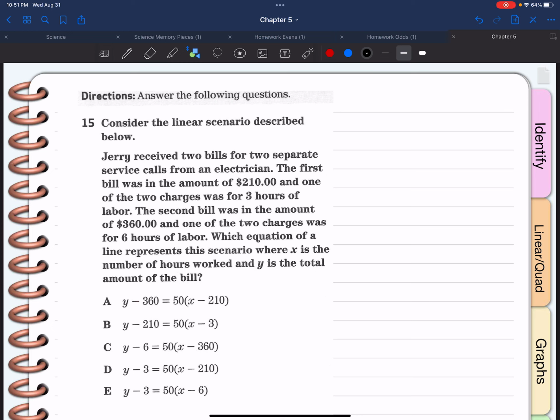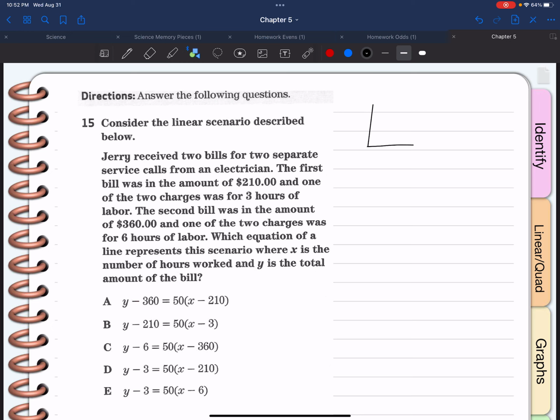The second bill was in the amount of $360, and one of the two charges was for 6 hours of labor. Which equation of a line represents this scenario where x is the number of hours worked and y is the total amount of the bill?